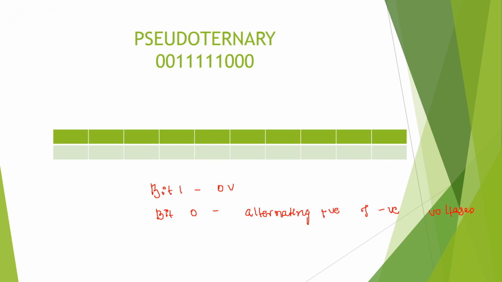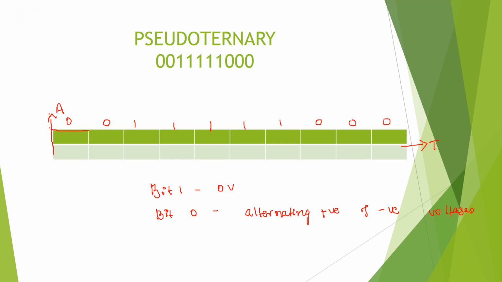So first I will take the given pattern 1 1 1 1 0 0 0. The y axis is amplitude and the x axis is time. So first I will take bit 0 with the higher magnitude, bit 0 with the higher magnitude.